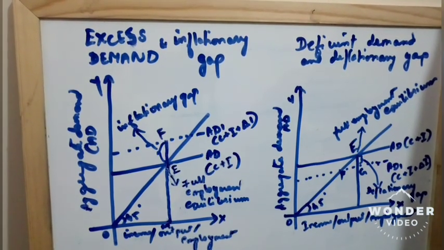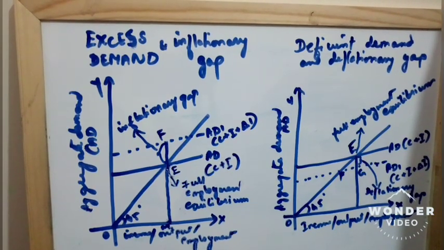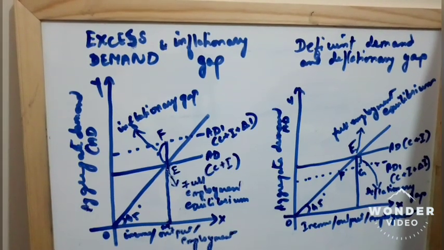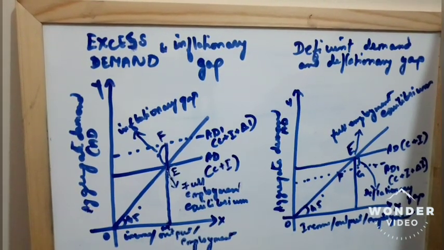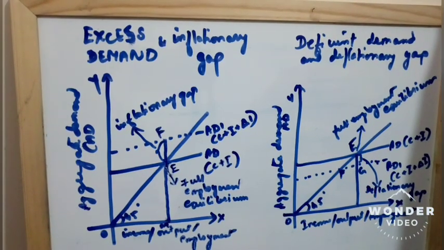At OM employment, the aggregate demand curve and the aggregate supply curve intersect at point T. That is, point T represents the full employment equilibrium where AD is equal to AS.